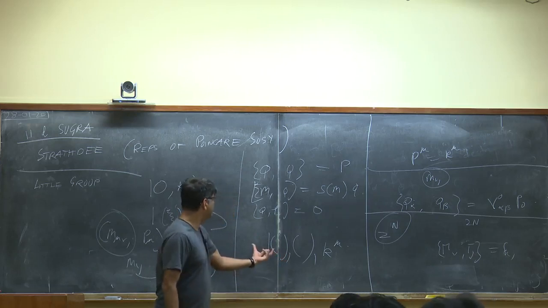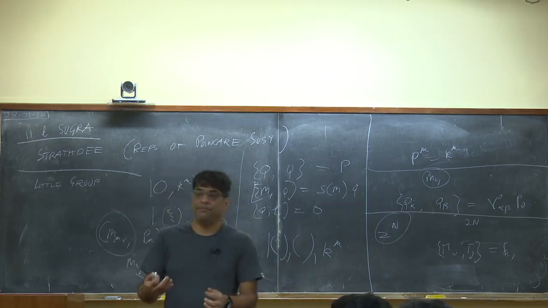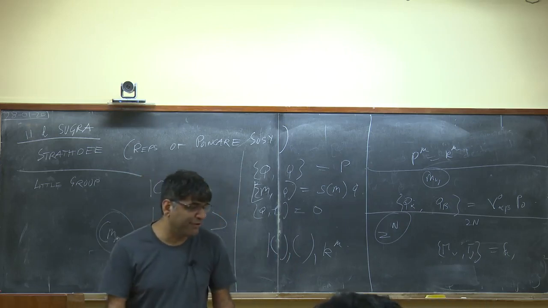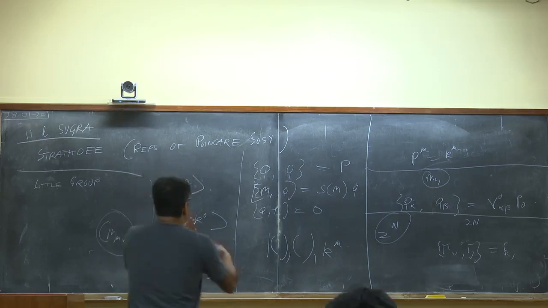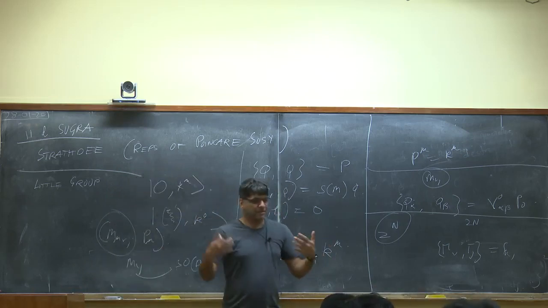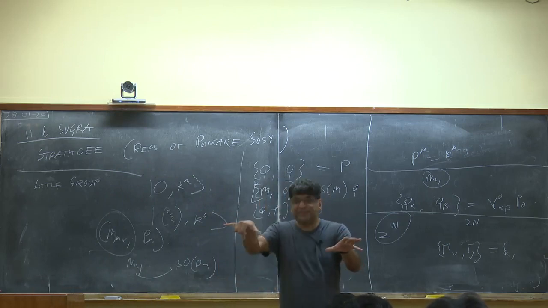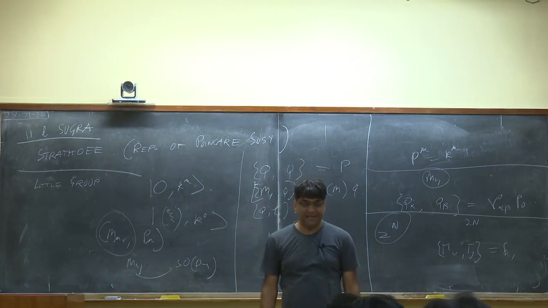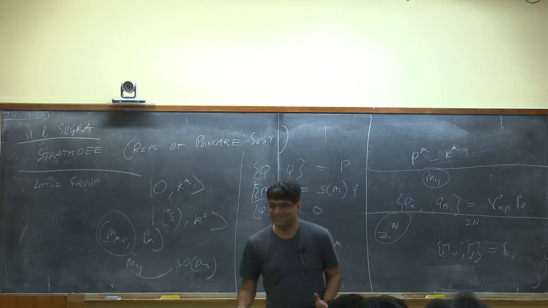Once again, you might think that what you have to do is specify a representation of SO(d-1), because you still have to represent the m's. The full little group, the full stabilizing group, is SO(d-1) times the spinors. But there is a problem here, because SO(d-1) doesn't commute with the spinors. So it's not just a direct product of two things.